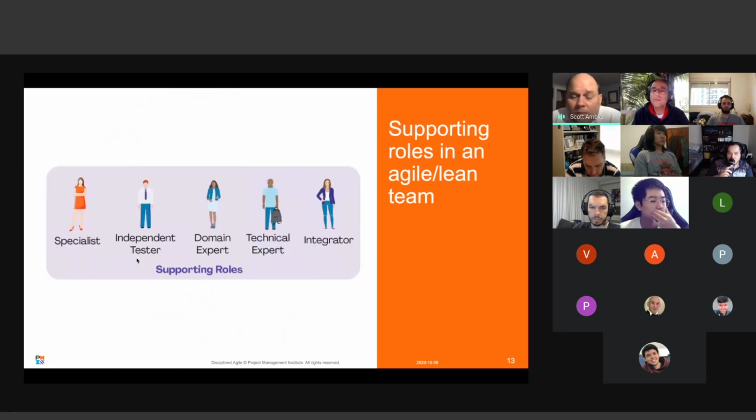We also talk about the concept of supporting roles. This is, as needed, if needed, to the extent needed. Particularly when you start scaling, remember that spider diagram, when you start going out on the different vertices, some of these supporting roles become critical. For example, even though I'm a firm believer in whole team testing, having all the testing being done by the team, it's observably not true that that's sufficient in all situations.